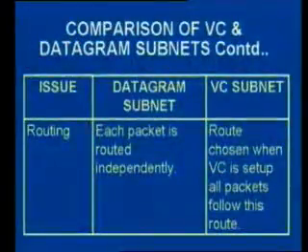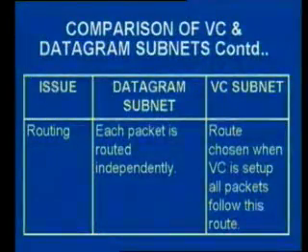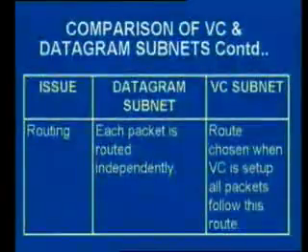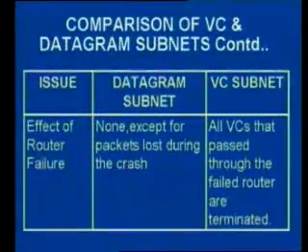That is why each packet contains a source address and a destination address. But what will happen in the VC subnet? Once the route has been set up, all packets will follow the same route. This is a very important thing to understand, how the subnet is designed and how other issues are taken up.